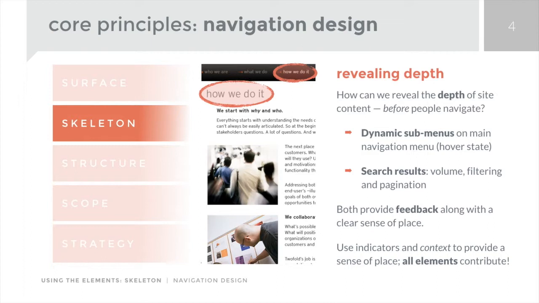The page title says how we do it. The page title doesn't say our process or our methodology or the way we go about creating design. No, it says how we do it. That sends a very clear, immediate, quick, almost subconscious signal to the user that, yes, this is the page I selected. I got what I asked for. What I intended to do is what I actually did.